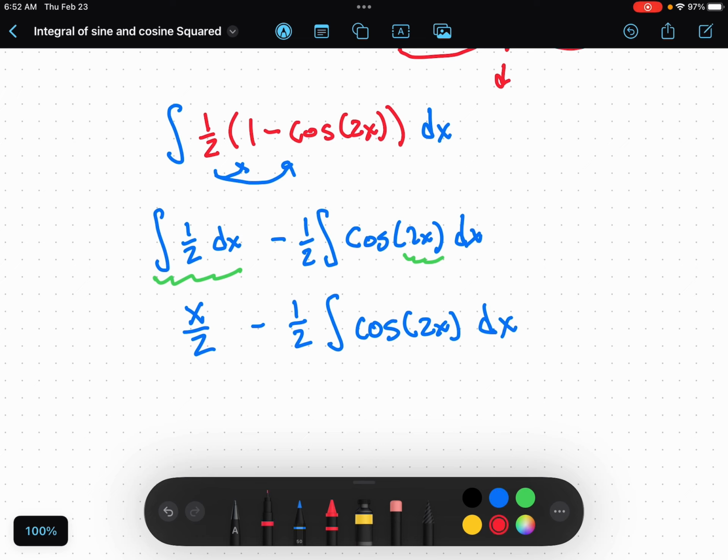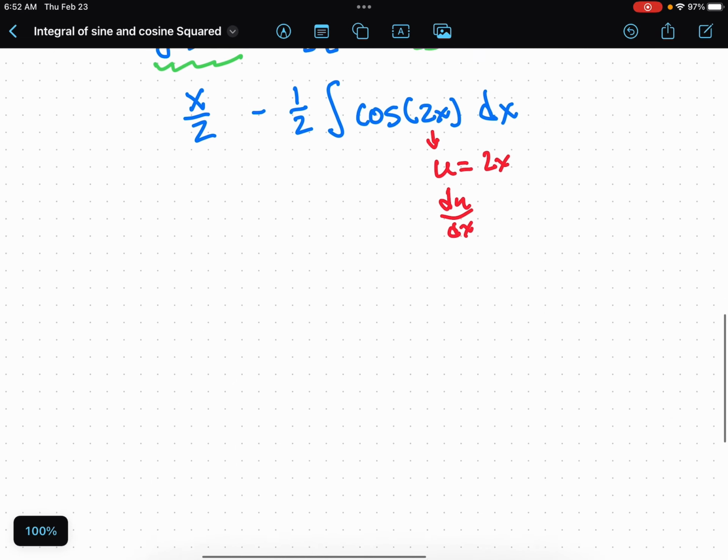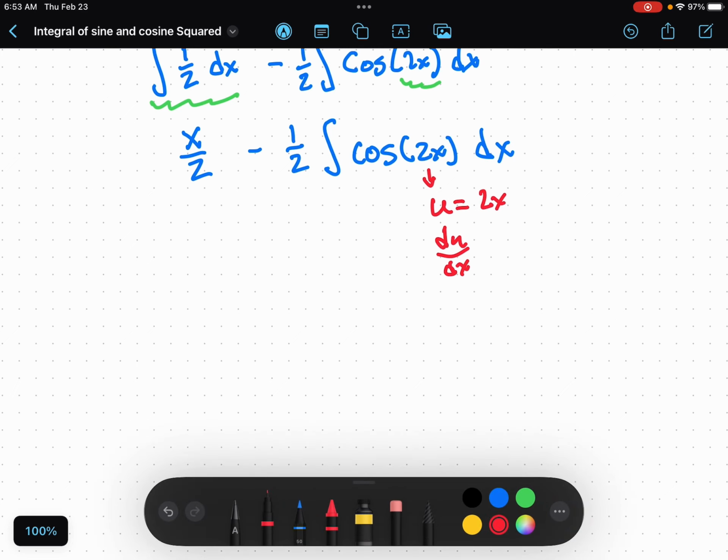So I think you'll agree we're going to make u equal 2x. And that means du over dx is what? 2, and that means dx equals du over 2.